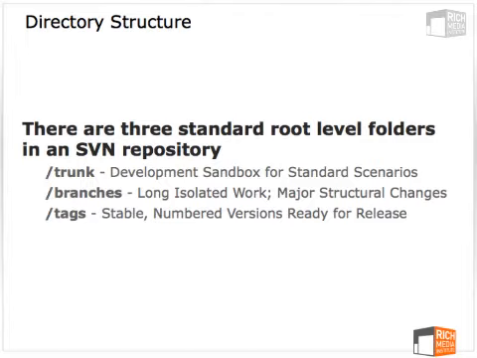So if you had a stable build in trunk that was ready to be labeled V1, you would create a directory in tags called V1 and copy the source files from trunk into that V1 directory in tags.